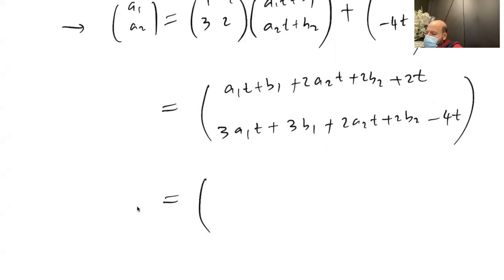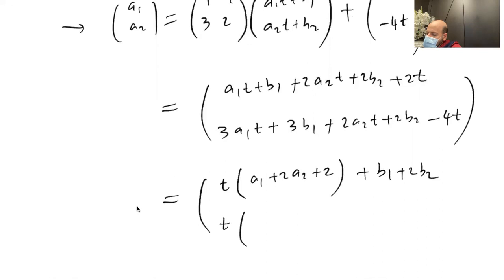And if I rearrange the terms, I can write this one as t times a1 plus 2a2 plus 2. There are three terms that contain t in the first coordinate, and then two terms that do not have t, plus b1 plus 2b2. And then similarly here, t times 3a1 plus 2a2 minus 4, plus 3b1 plus 2b2.